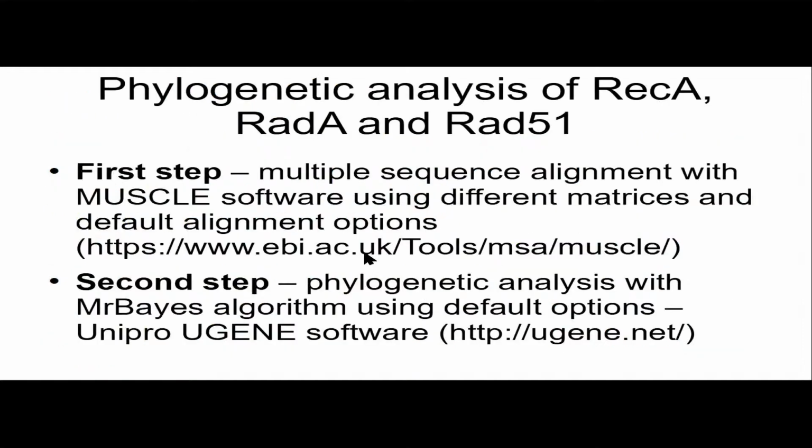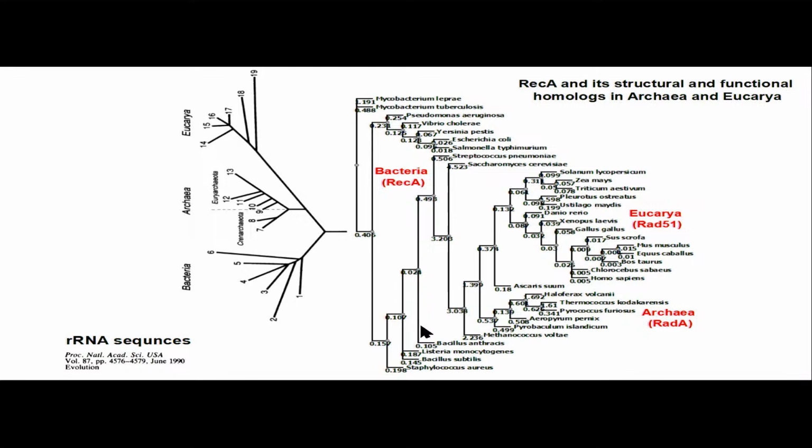Analysis was done in a standard way with first MUSCLE software, then the Bayesian algorithm with EUG software, and here is the result.